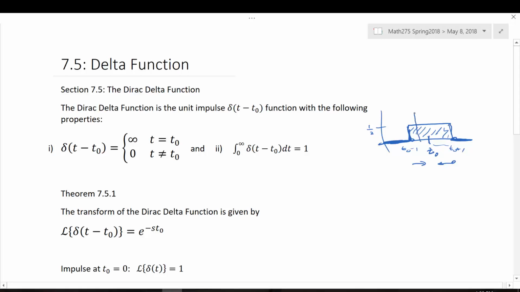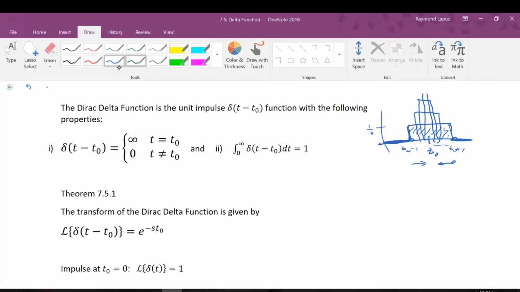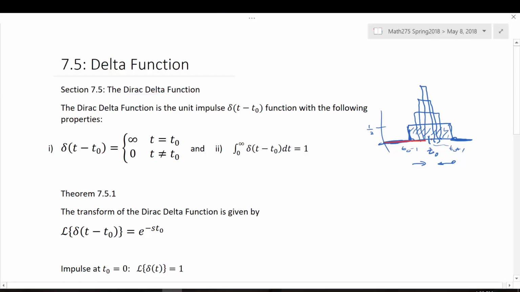And so you have a series of finite functions that at the limit eventually goes off to infinity. So it really just becomes that one point where everything is 0 except for this one point where it goes off to infinity. So that the area under that curve is equal to 1.